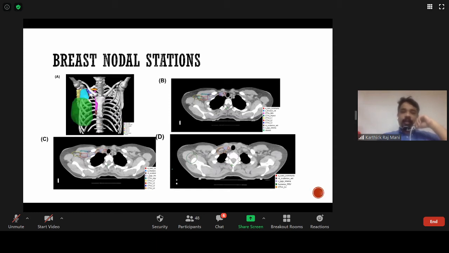It's not just that I will do regional nodal irradiation; we have to be very clear where we are giving. Normally, with the ESTRO guidelines, the yellow color here is level 1, then we have level 2 and level 3 axilla, the supraclav, and the intramammary chain. These four components make up the regional lymph nodes for breast patients.